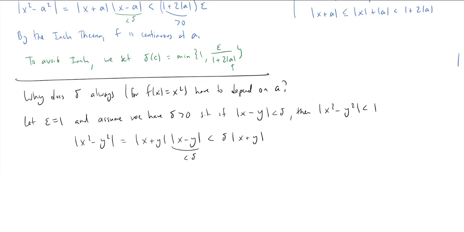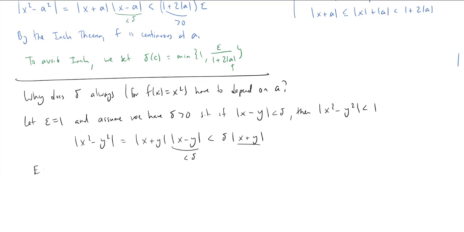And here's where everything is going to go haywire. I know that x and y have to be delta apart. But knowing that x and y are at most delta apart puts no restriction on the sum of x and y.